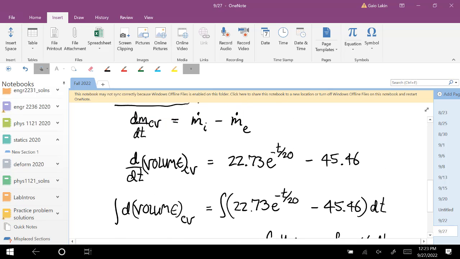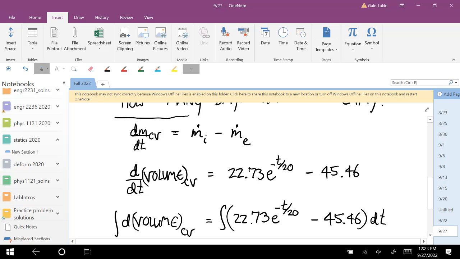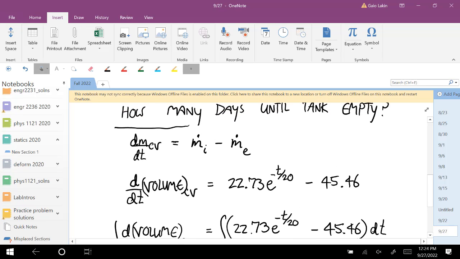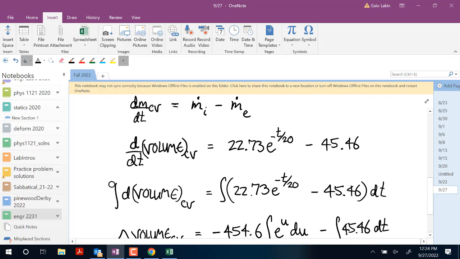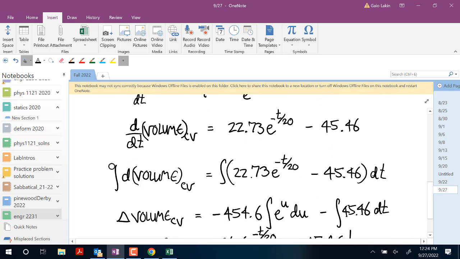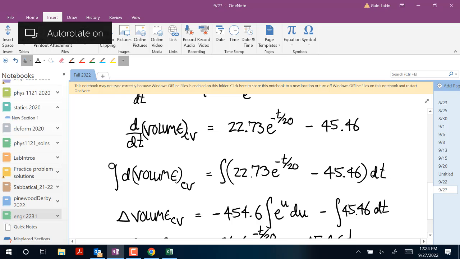Okay, let's think about it. So this part is good though, right? This part. So this part's good. And then we can integrate both sides. And now, okay, so let me just be more careful with my constants.